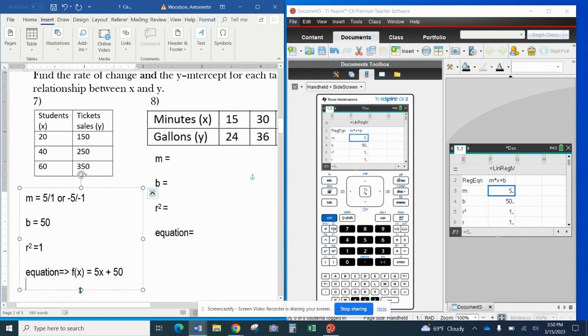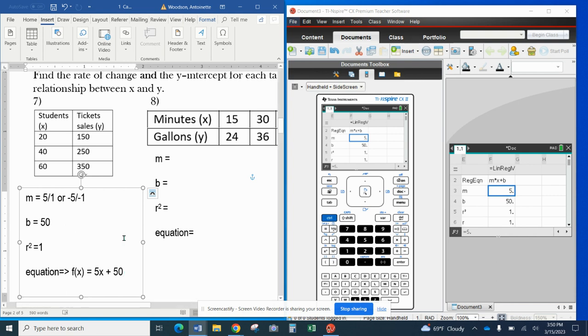Now, what does this mean? That's extremely important this year as you are interpreting tables. What does this mean? Okay, it means that what? The 5x, what does the 5 represent? It represents the slope. Okay, so remember, slope is the change of y over the change of x, right? So our ticket sales begin at 50. Is that right?